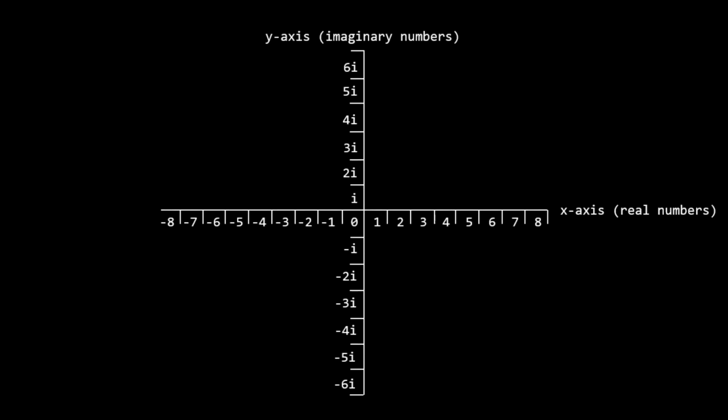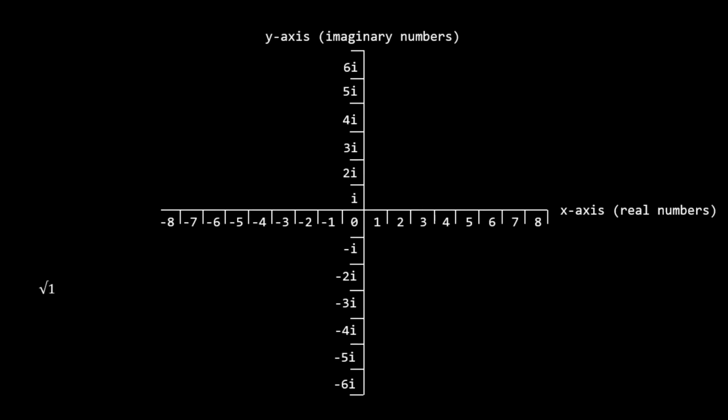Now, you can express every number on the x-axis as a multiple of the square root of 1, which is of course 1. So 2 square root 1 is the same as 2, because the square root of 1 is 1, and 2 times 1 is 2.